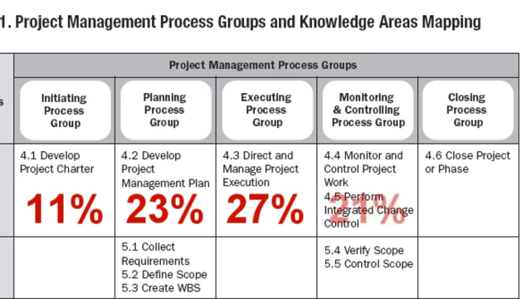Monitoring and controlling process group makes up 21% of the exam. Closing process group 9%, and lastly, professional and social responsibility, which is not part of the process groups, takes up 9% of the exam.